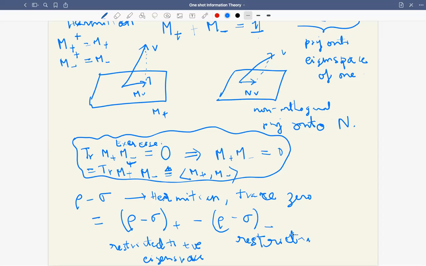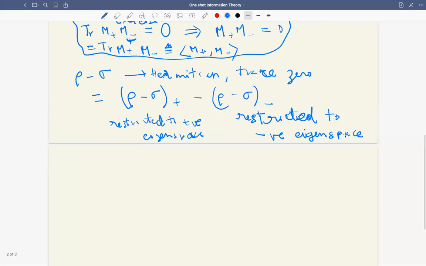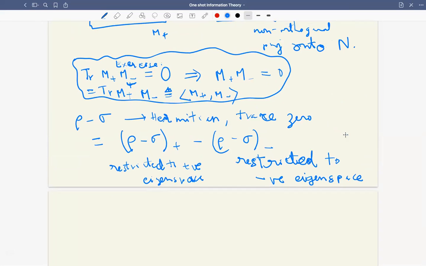I hope this is clear. The matrix rho minus sigma, I can write it like this: restricted to the positive eigenspace, minus restricted to the negative eigenspace.